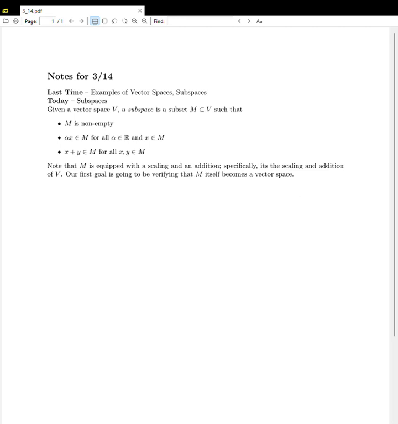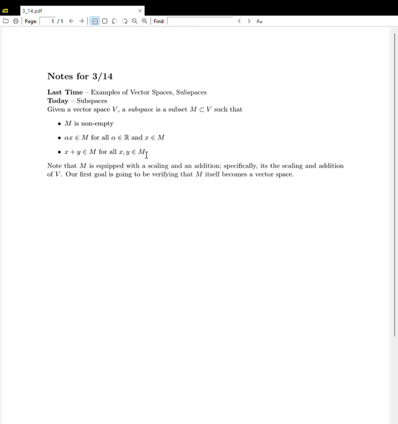All right, now, right off the bat, because we have this addition, and this addition came from the vector space V, we automatically are going to get associativity and commutativity, because this symbol has those properties for any element in V, and M is contained in V, so all of the elements are there, and there you go. It satisfies them, right?